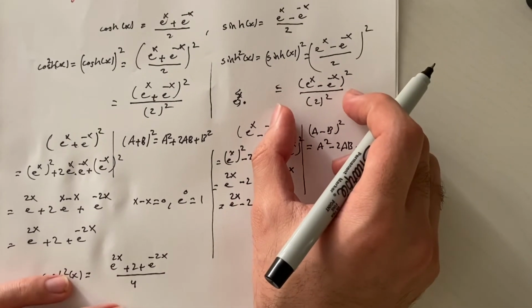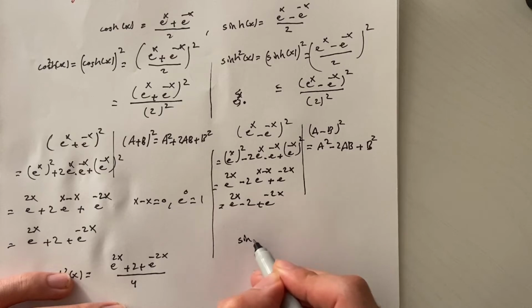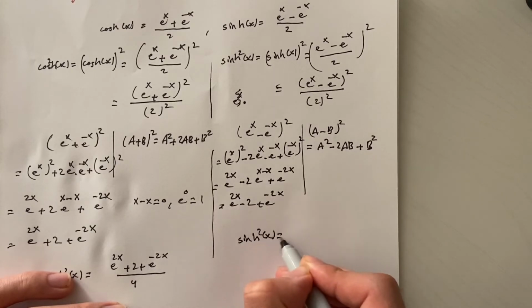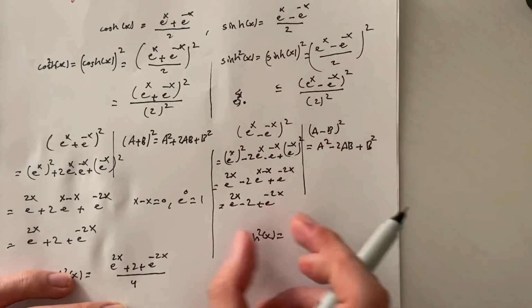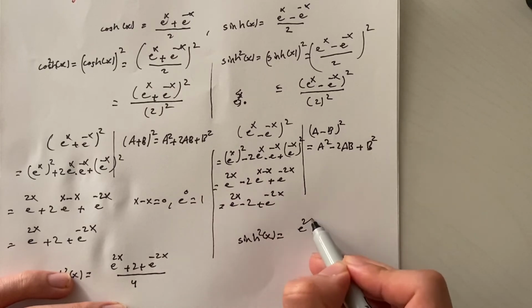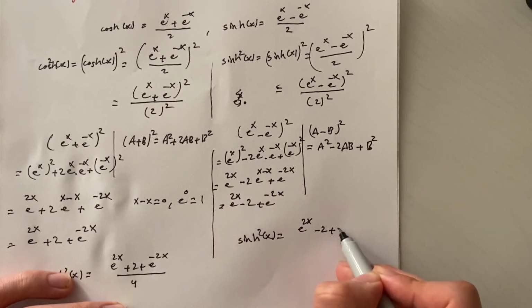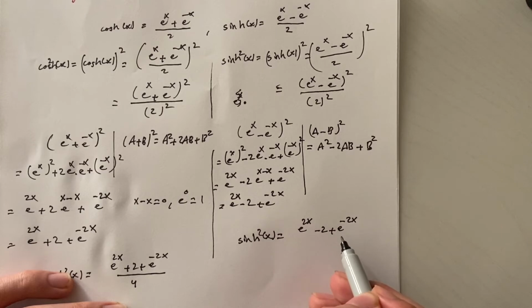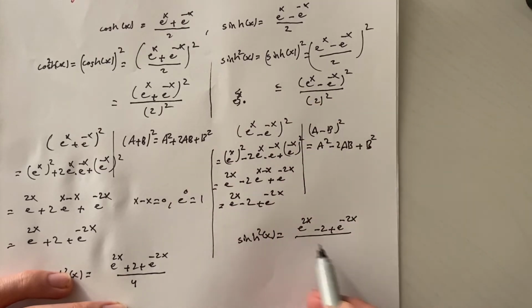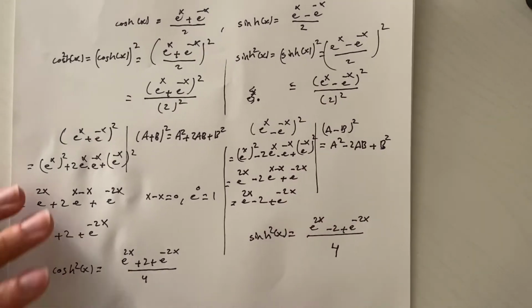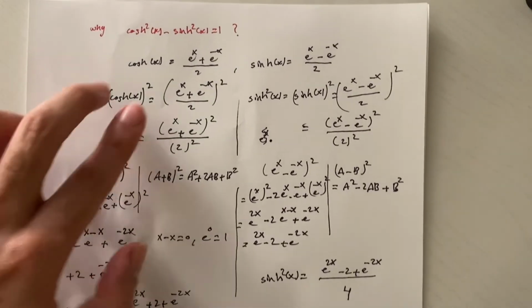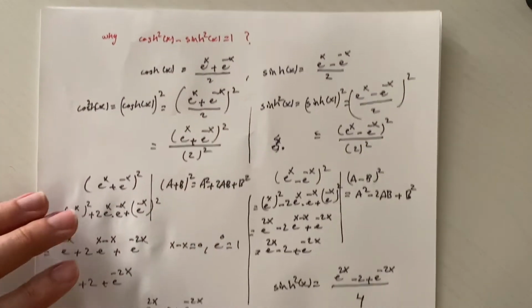Now I'm gonna go back to sinh square of x. And then the top term is what we just did. So it's gonna be e to the 2x minus 2 plus e to the negative 2x all over 2 squared, which is 4. Now we have cosh square and sinh square. We can subtract each.